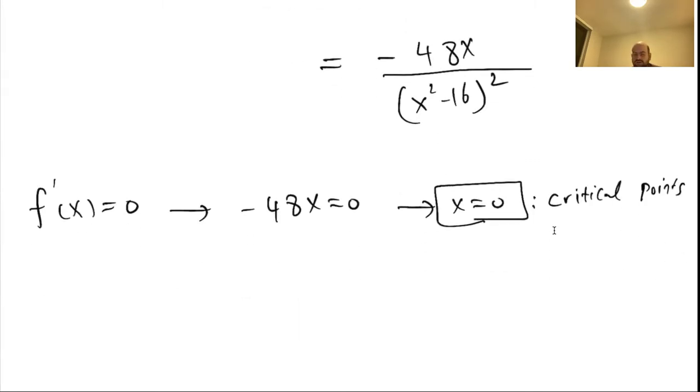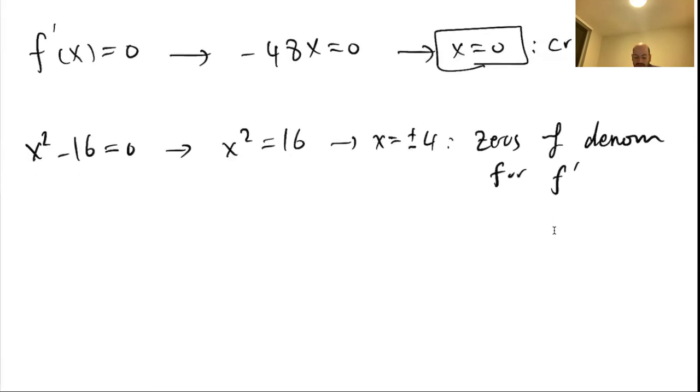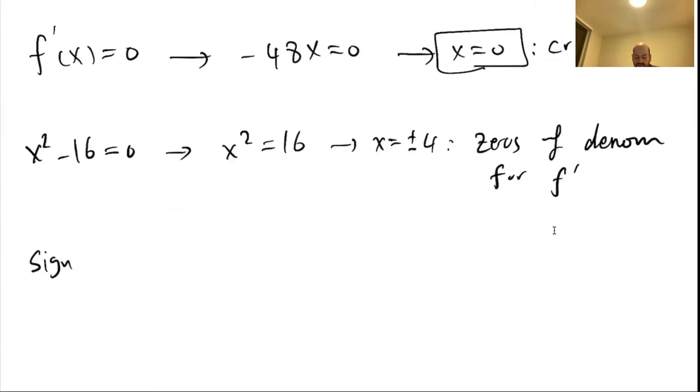Although they are not going to be considered as critical points, they could have an important role in the sign chart because we could have a sign change at those points. So if the denominator is 0, that gives x squared equals 16, x equals plus minus 4. So these are the zeros of the denominator for f prime.